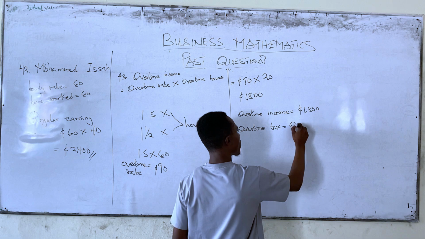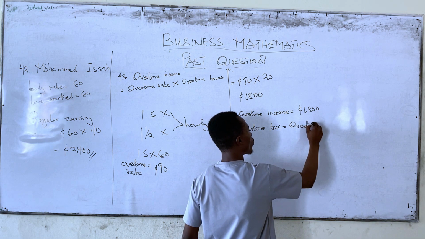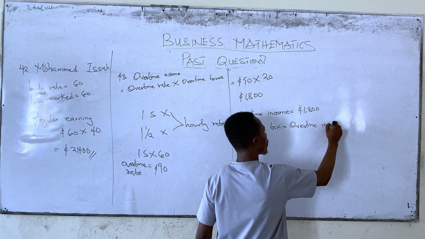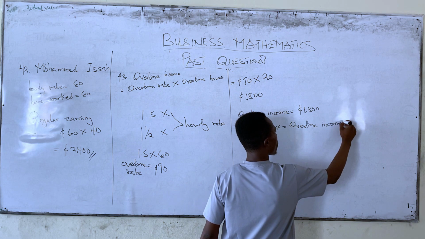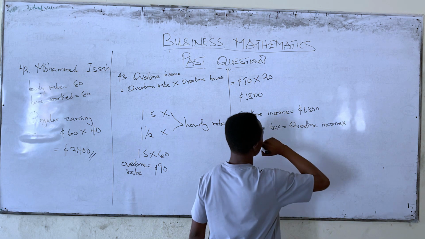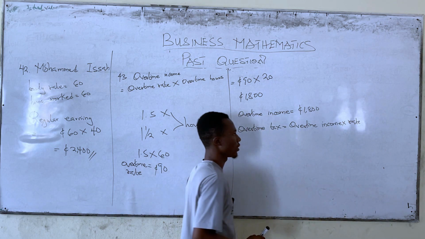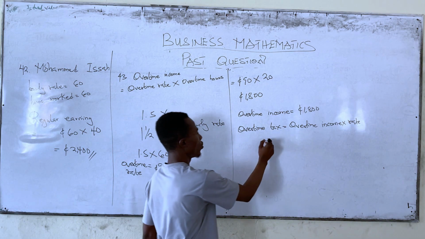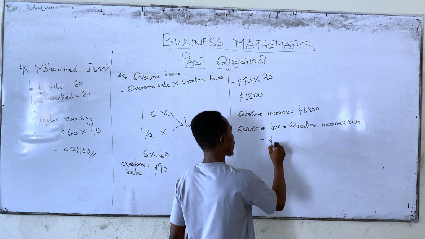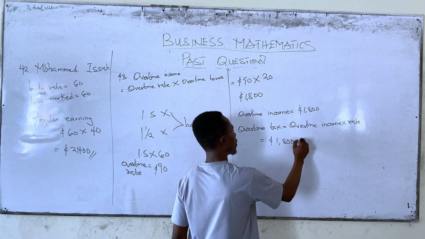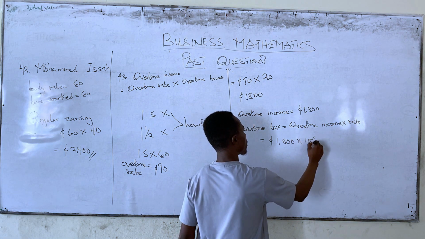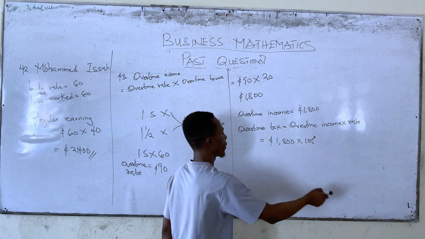Your overtime income, because overtime tax is charged on overtime income. So you say overtime income multiplying the rates, that is the 10%. So the overtime income is 1,800 times the 10%, or you can say 0.1.